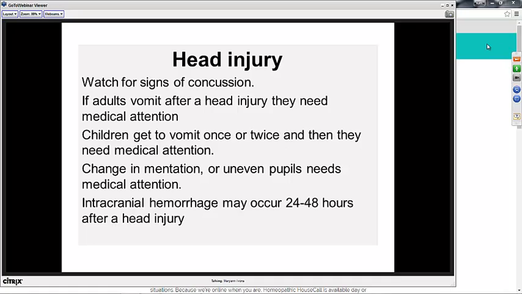Head injuries are funny. We have a lot of kids now that are playing these ridiculous sports where they're heading balls in soccer and they're playing football, and they really do get serious head injuries.